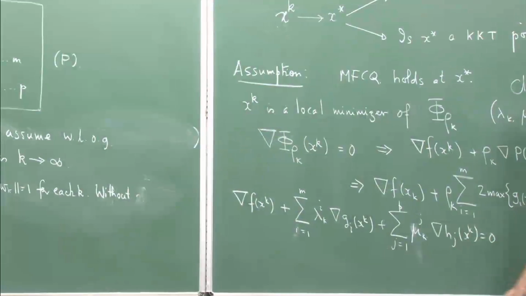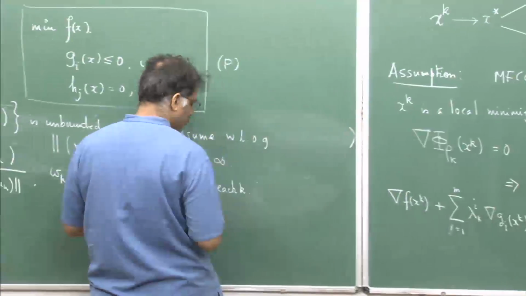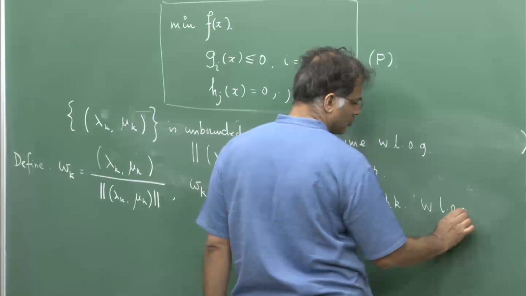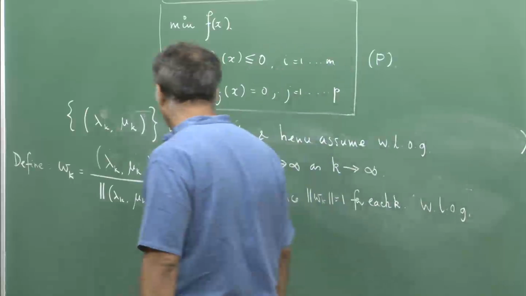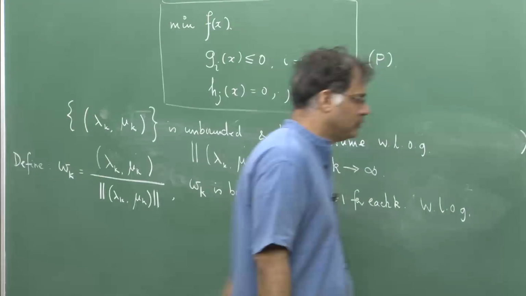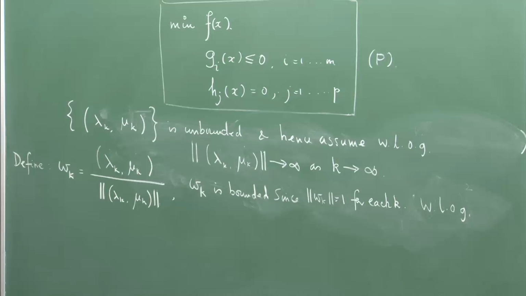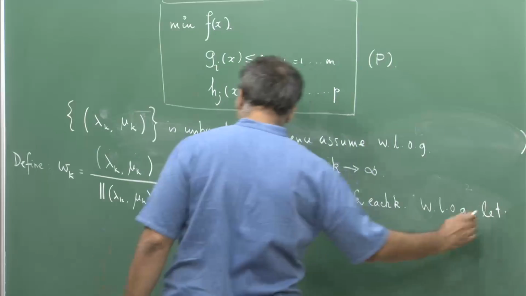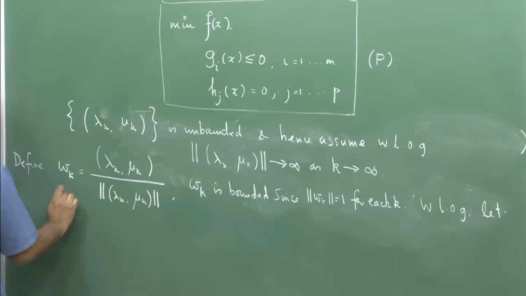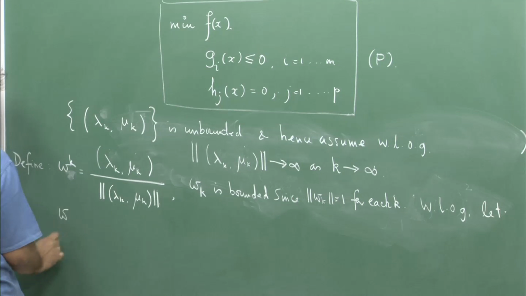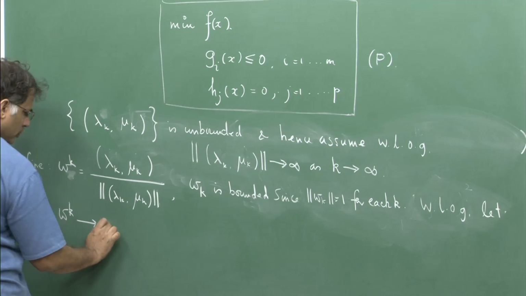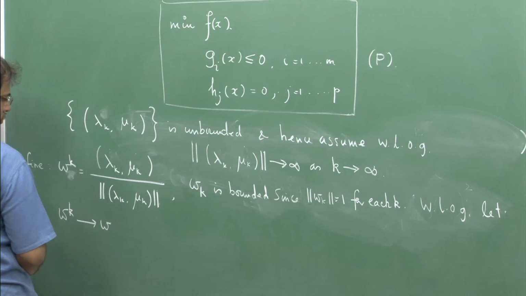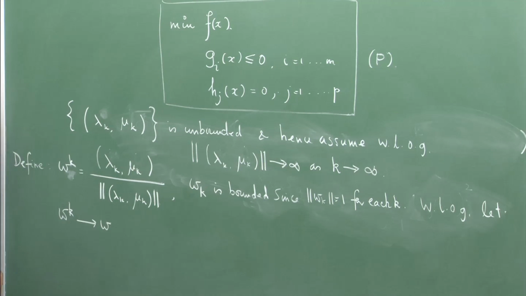So, without loss of generality, let us assume wk converges to w star.